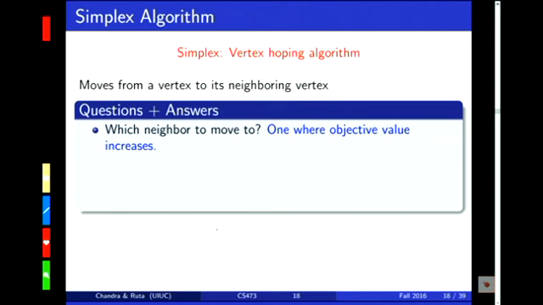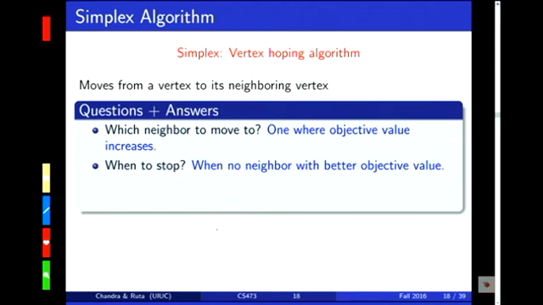When to stop? When there is no neighbor with a better objective value than the current vertex, because we proved that if there is a vertex with a better objective value, there has to be a neighbor with a better objective value. So if there is no such neighbor, this vertex is optimal.